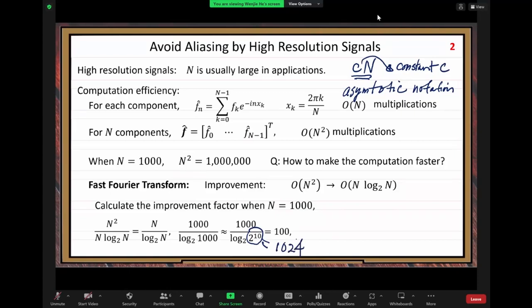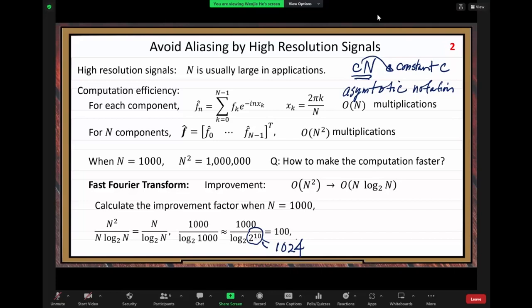We just use it as an approximation. But after you take log base 2, the 2 is gone. You only have 10 left. 1,000 over 10, you get 100. So the ratio is 100 to 1.